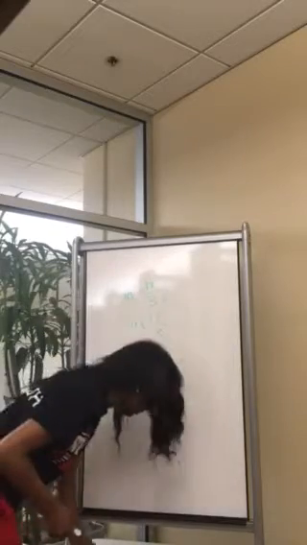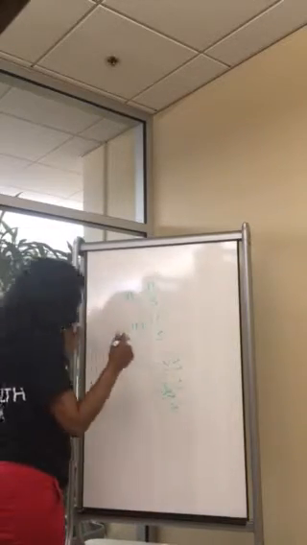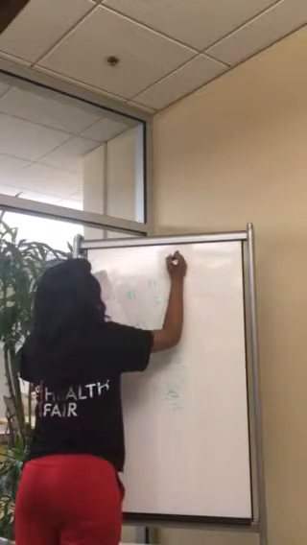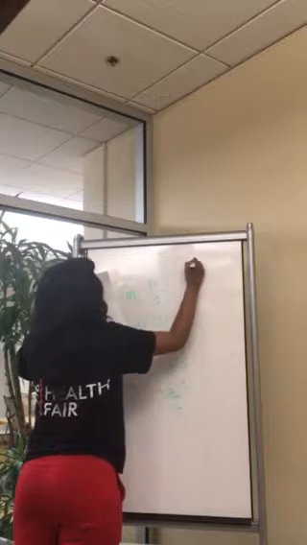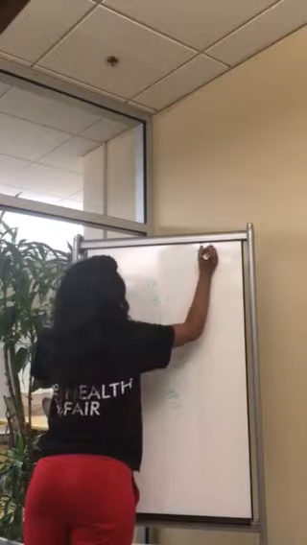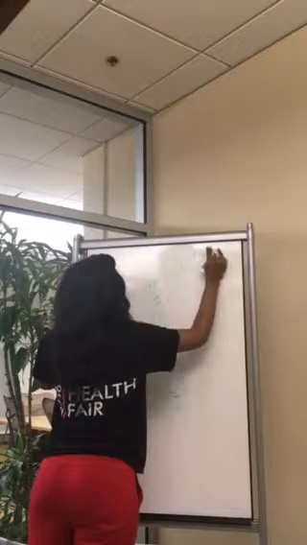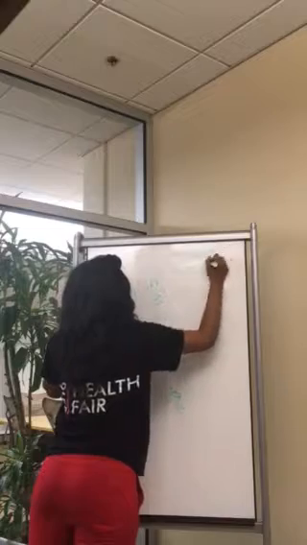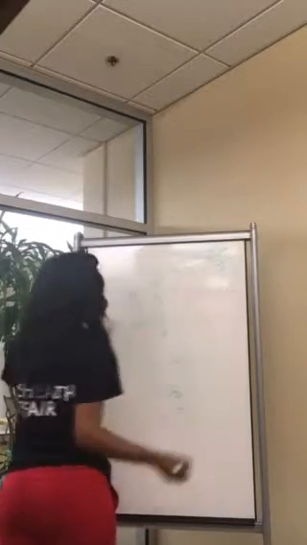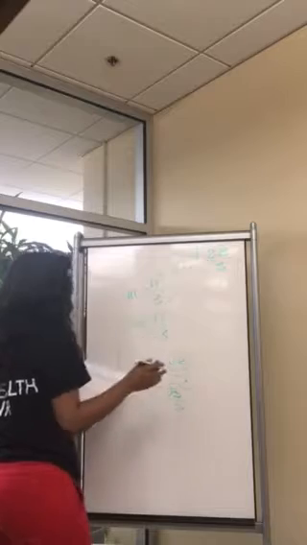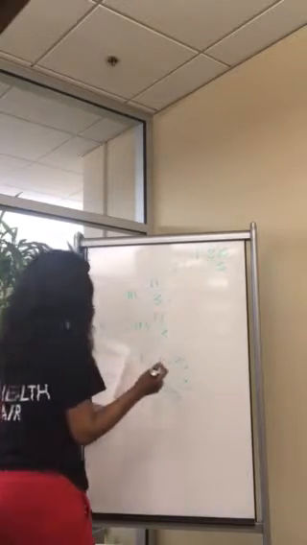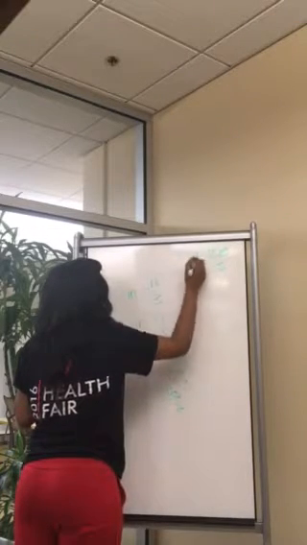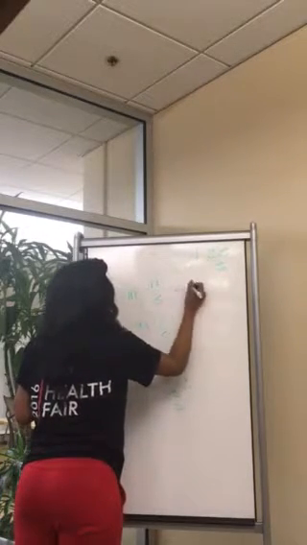And for our next problem, we have the inverse cosecant of negative 2 square root 3 over 3. So we know that cosecant is the reciprocal of sine. So what we'll do is take this and put the negative outside.